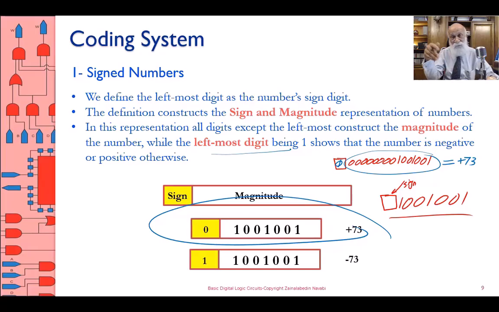And so if you have a fractional part also, then you dedicate 1 bit to the sign bit, and then the rest of it is your magnitude. So for example, I can say here is a let's say 32-bit fixed point sign and magnitude signed number.